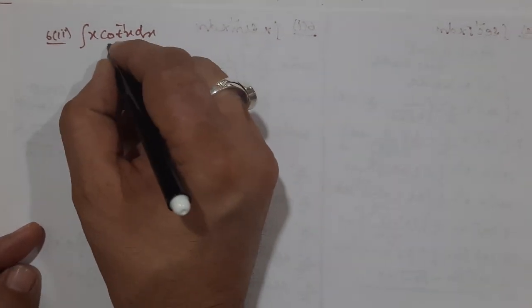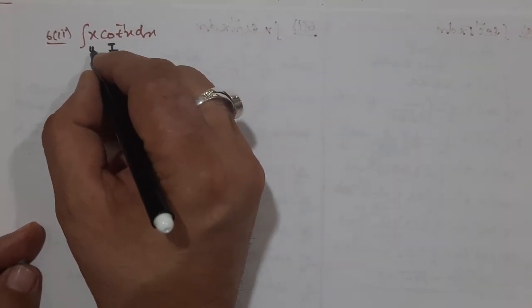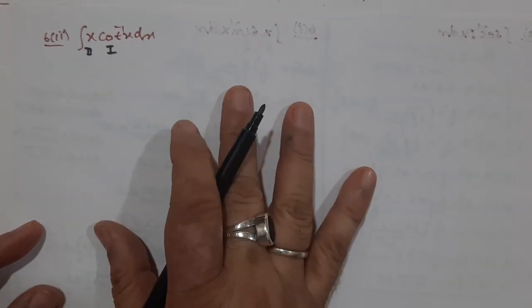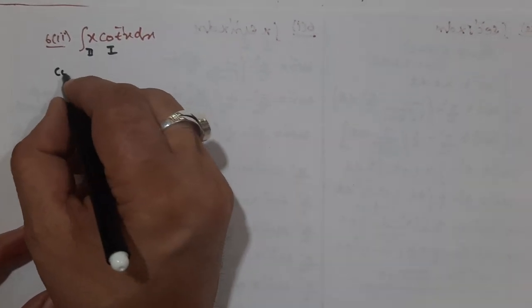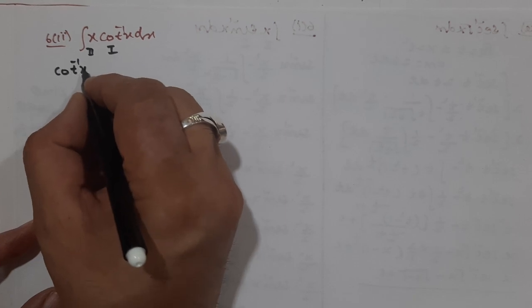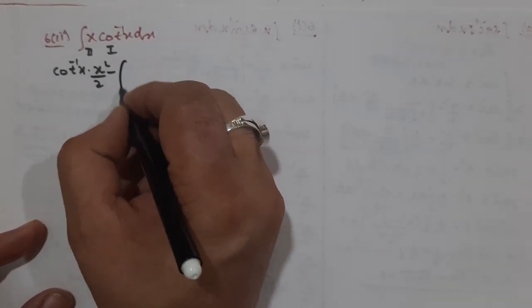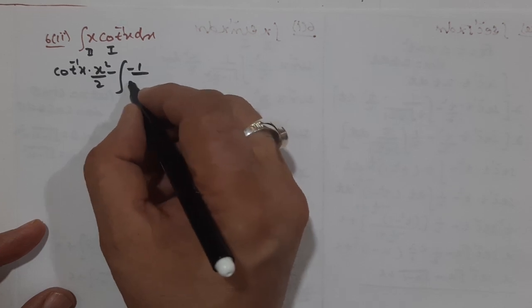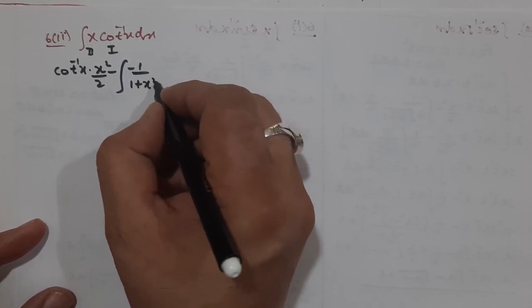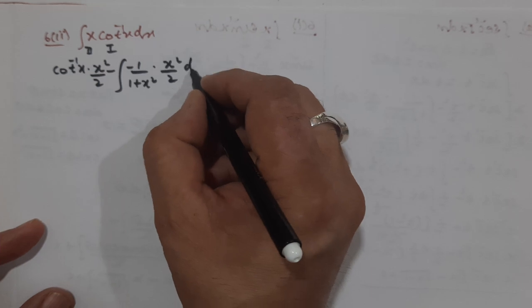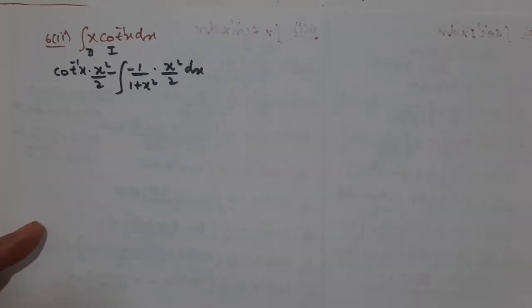Next part is integral of x cot inverse x. Here also taking cot inverse as first function and x as second function. So we write here cot inverse x first function, integral of x is x square upon 2 minus derivative of first, minus 1 upon 1 plus x square, into integral of second, x square upon 2, like this.